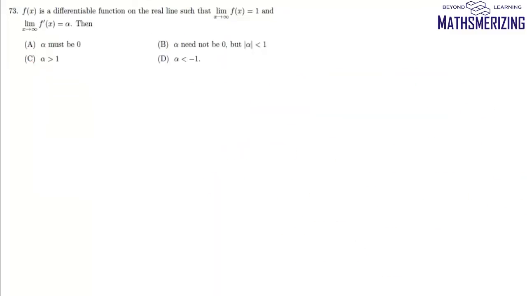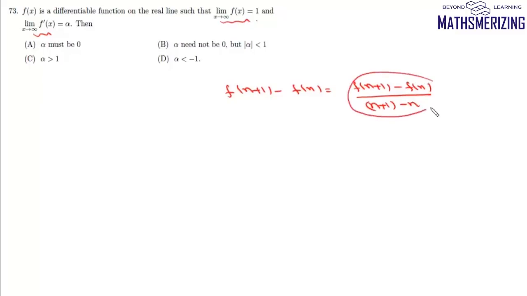Now question number 73 is, if a function f(x) is a differentiable function such that limit x tends to infinity f(x) is 1 and limit x tends to infinity f dash x is alpha, we need to find the value of alpha. Now what we'll do is, we can write f(n plus 1) minus f(n) as [f(n plus 1) minus f(n)] upon [n plus 1 minus n].